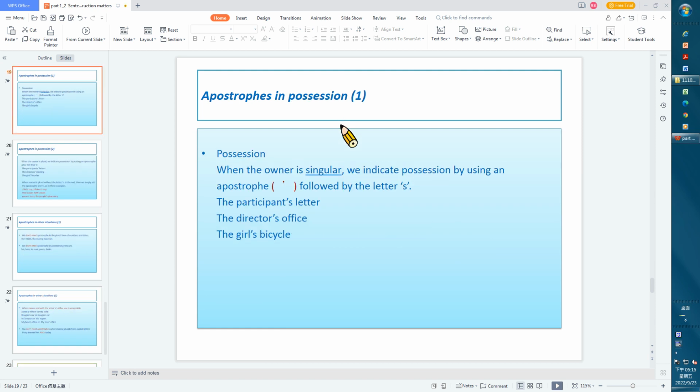Apostrophes in possession. When the owner is singular, we indicate possession by using an apostrophe followed by the letter S. For example, the participant's letter, the director's office, the girl's bicycle.